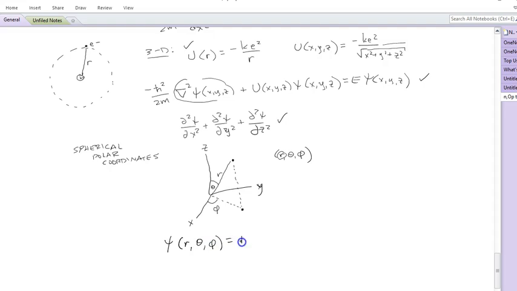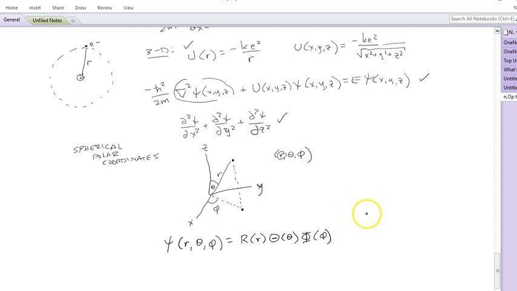So you can write it as the product of some function, I'll just call it capital R, which is only a function of little r, some capital theta function, which is only a function of theta, times some function I'll call capital phi, which is only a function of phi. So you assume this, and you put that in there, you take the Laplacian, and then you apply boundary conditions.